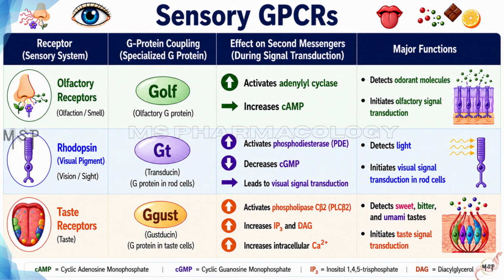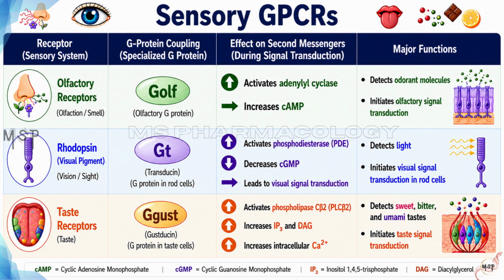Next is rhodopsin, the visual pigment found in the rod cells of the retina. Rhodopsin couples to transducin, or GT. Upon light activation, transducin activates phosphodiesterase, decreases cyclic guanosine monophosphate, or cGMP, and initiates visual signal transduction, enabling vision in dim light.